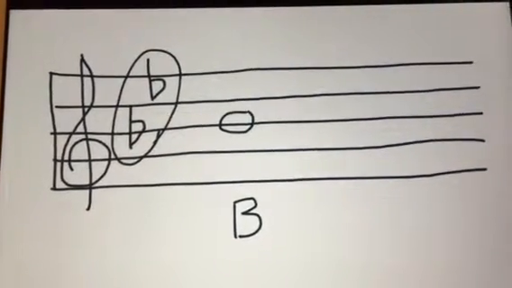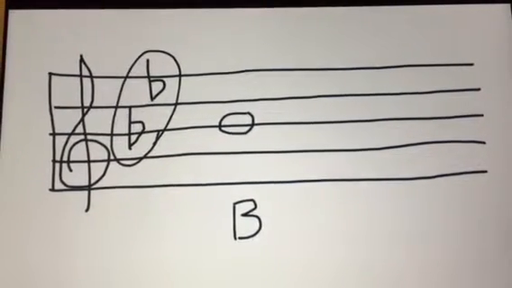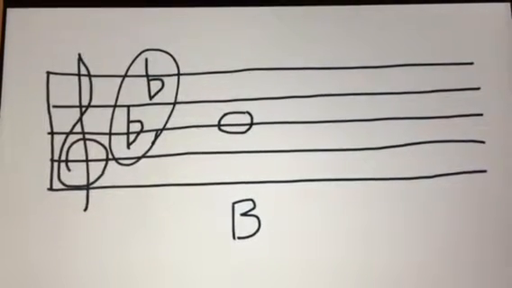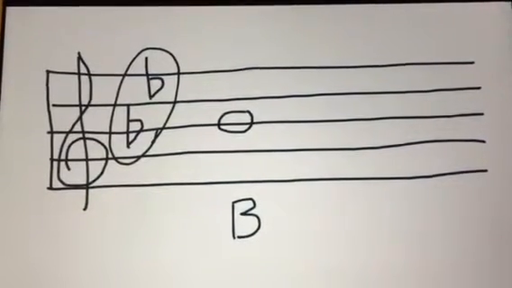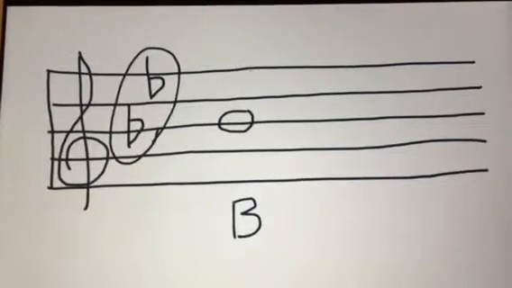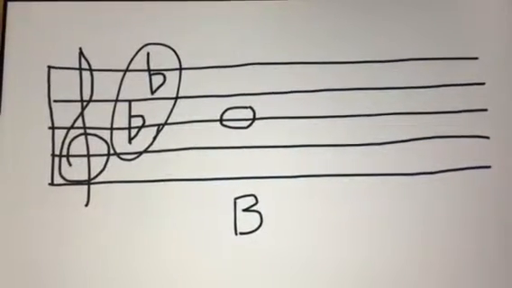Flats and sharps are named just like notes, by the line or space they are located on. If there is a flat or a sharp that is the same name as do, then you change the name of the letter to reflect that. Let's use the key of B flat as an example.